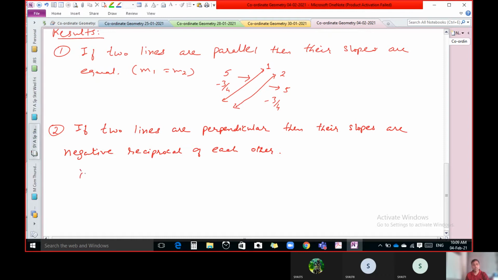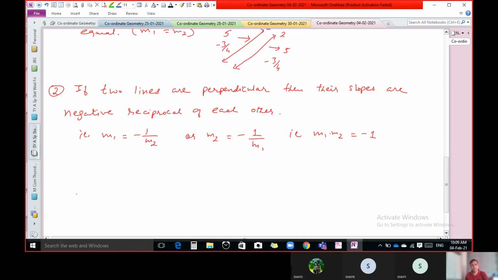That is m1 equal to minus 1 upon m2, or m2 equal to minus 1 upon m1. That is m1 into m2 equal to minus 1. So if two lines are perpendicular, then their slopes are negative reciprocal of each other.